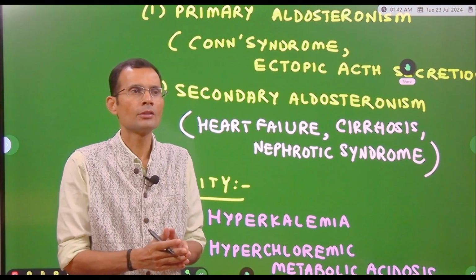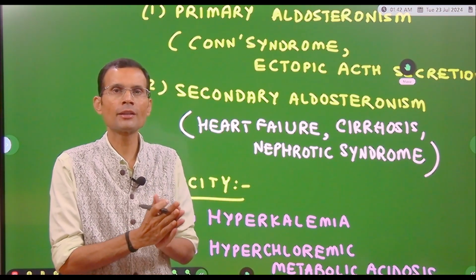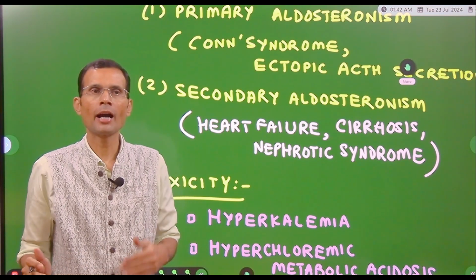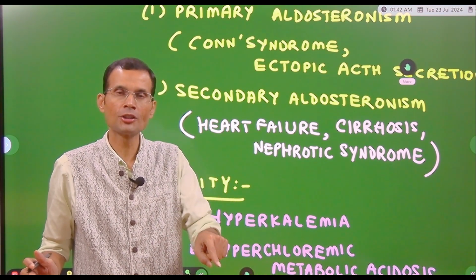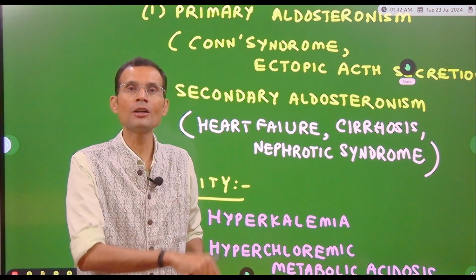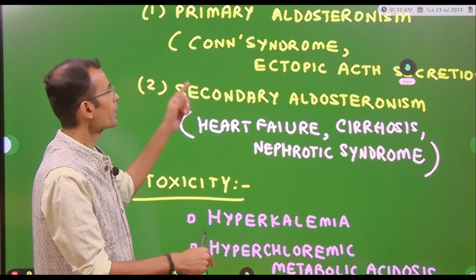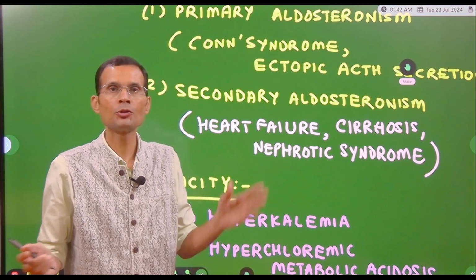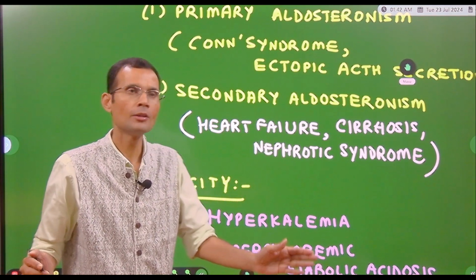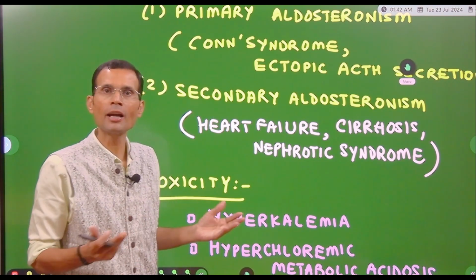There are tumors which secrete ACTH, and this excess ACTH will cause excess secretion of aldosterone. So in the conditions of aldosterone excess, that is where you give potassium sparing diuretics. They will block the aldosterone action.